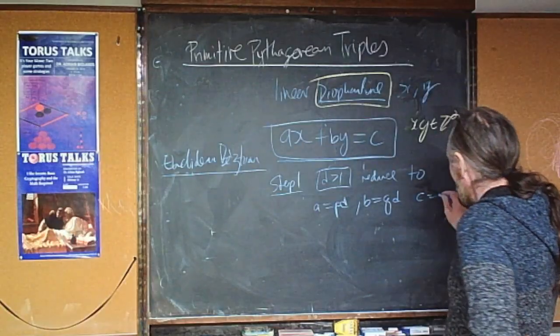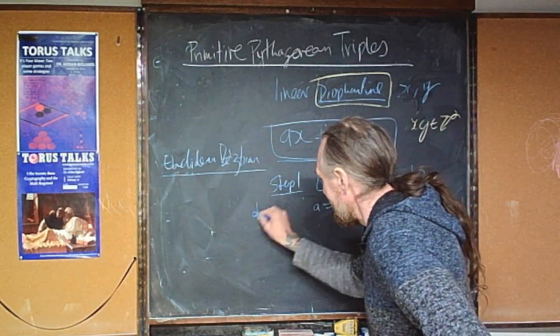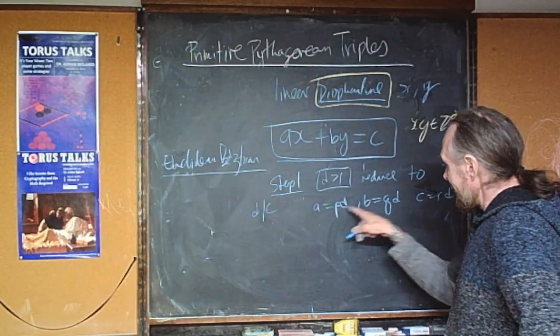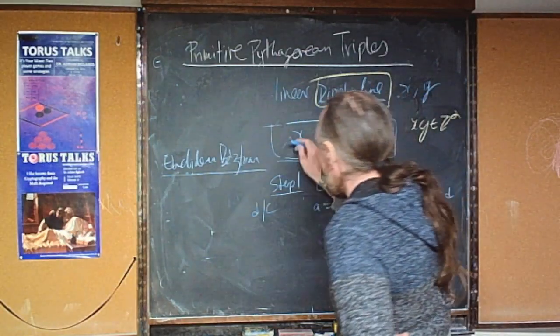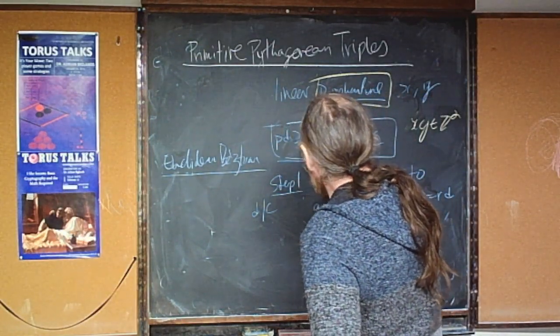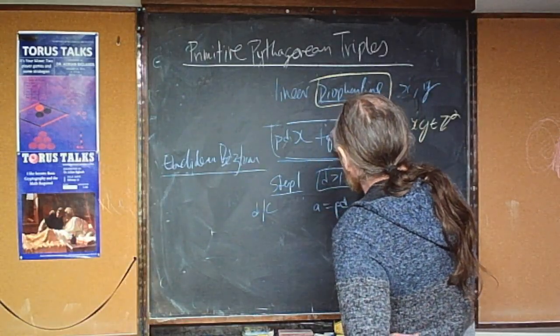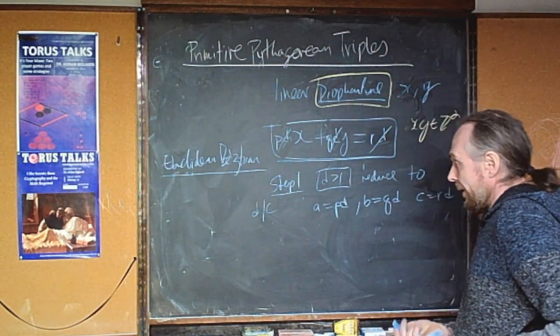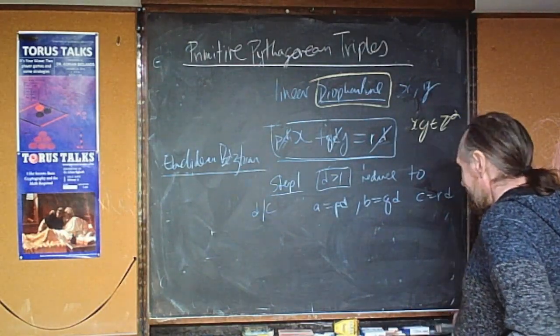And C will be equal to, because we're assuming that D divides C, R times D. So now I can cut that out of this equation, because what that'll say is now it's going to be P times D and Q times D and R times D, and then I'm going to cut the D out of both sides. We don't have the inverse, but we can reduce it.